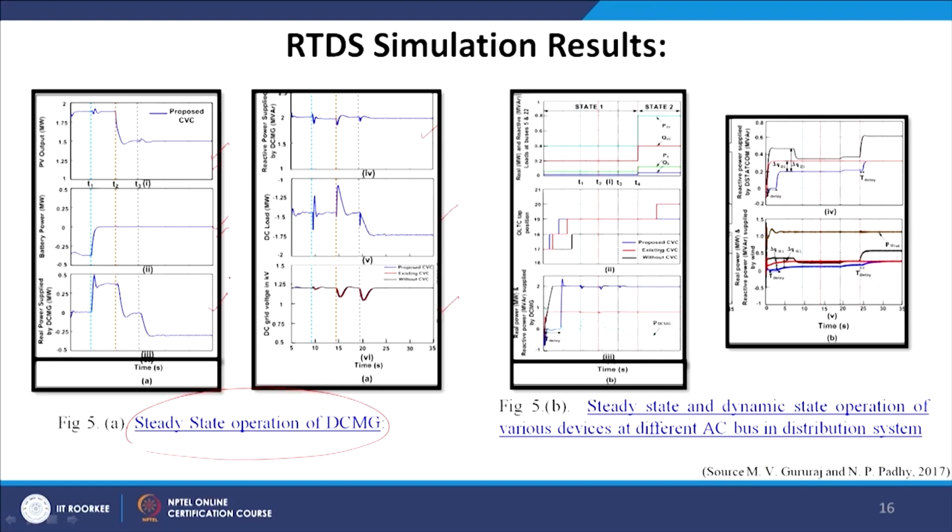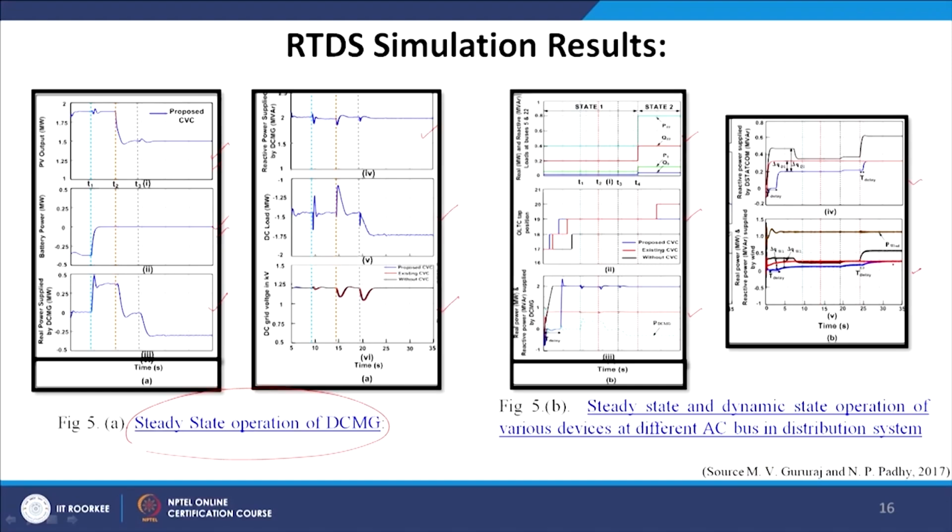parameters are traced, whereas for steady state and dynamic state operation of various devices at different AC buses of the distribution system, we have seen the real and reactive power load at bus number 5 and 22, whereas this is the OLTC tap positions, how they keep on changing, real power and reactive power by the DC microgrid, reactive power supplied by the D-STATCOM, and real power and reactive power supplied by the wind generator.